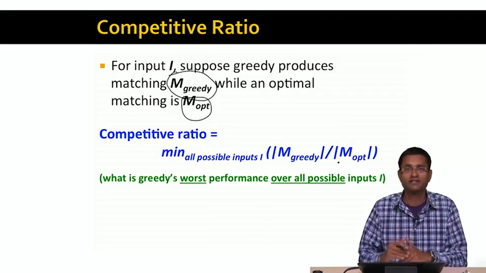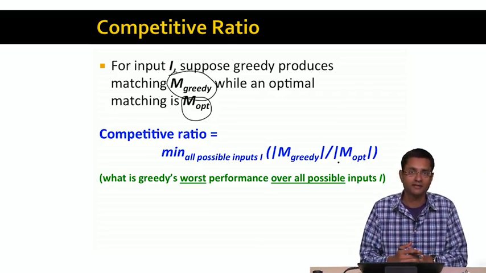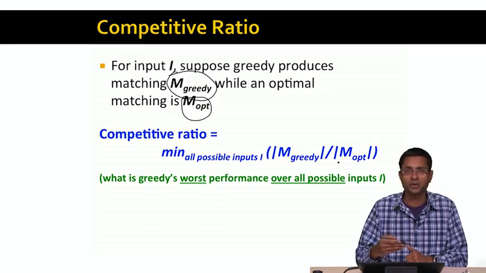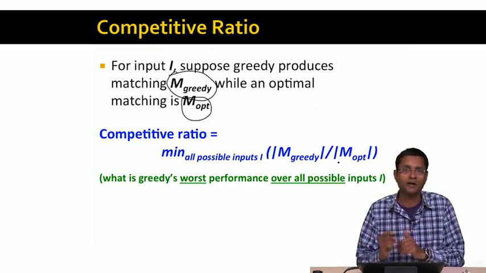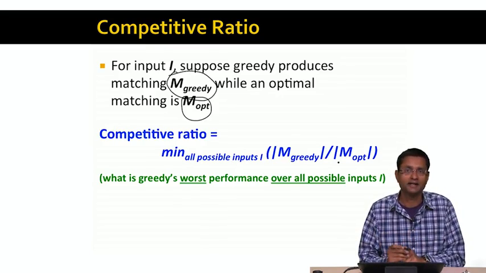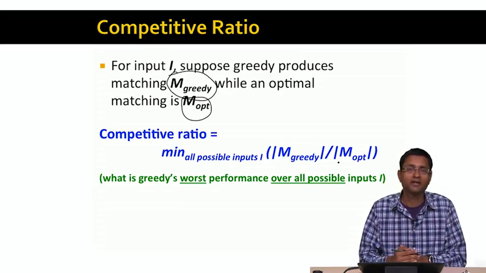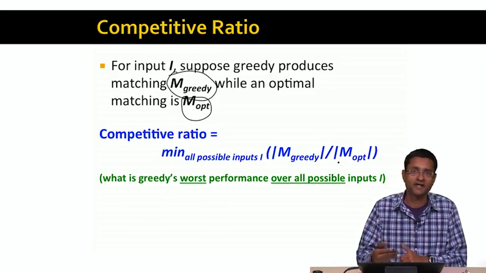We take the worst possible input I for the greedy algorithm, and we compute the ratio of the cardinality of the greedy output to the optimal output in that scenario. So this is what we mean by the competitive ratio of the greedy algorithm. Or in general, the competitive ratio of any online algorithm is defined in a similar manner.